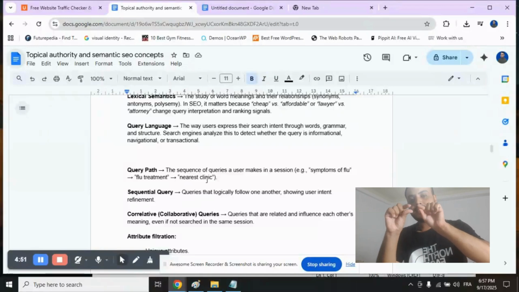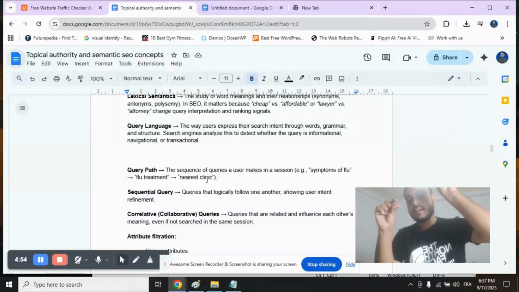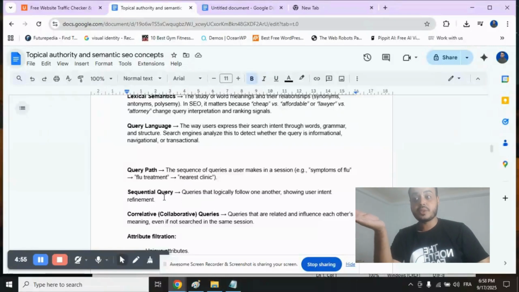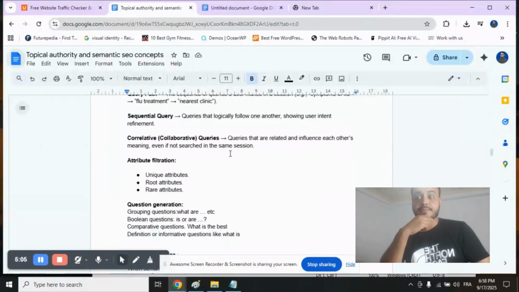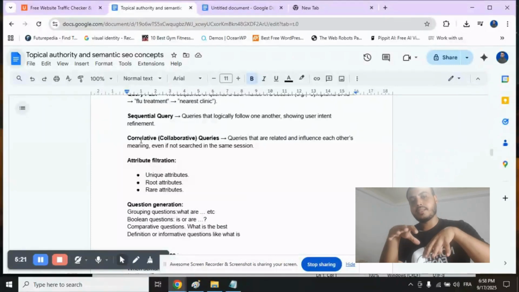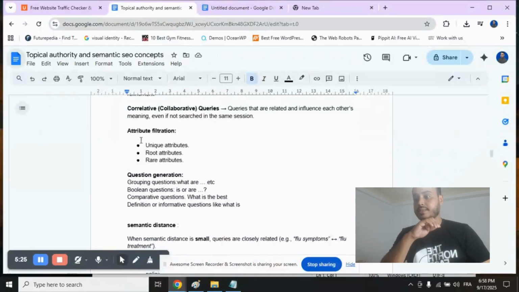Those queries are coming from one line, opposite of the sequential queries, which are queries that came from different query logs or different user logs, and the correlative queries are the queries that are related and influence each other's meaning even if not searched in the same session. Correlative queries are a little bit different than sequential queries, which is the same query, the same user log, but different contextualization and different verbalization.